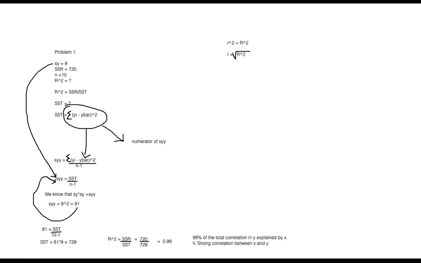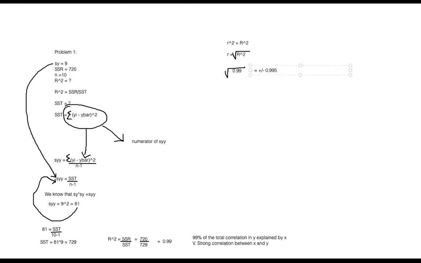So the square root of 0.99 is equal to plus or minus 0.995.